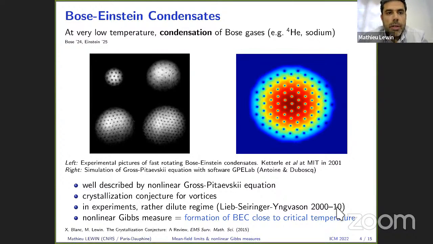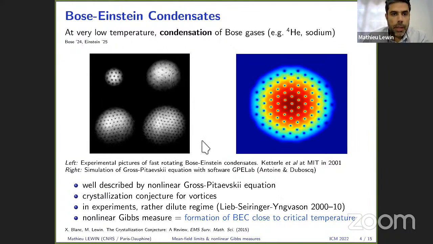And the phase transition is really an emergence of a collective behavior in the sense that all the particles start to behave the same and share a common wave function u, solving the Gross-Pitaevskii equation.